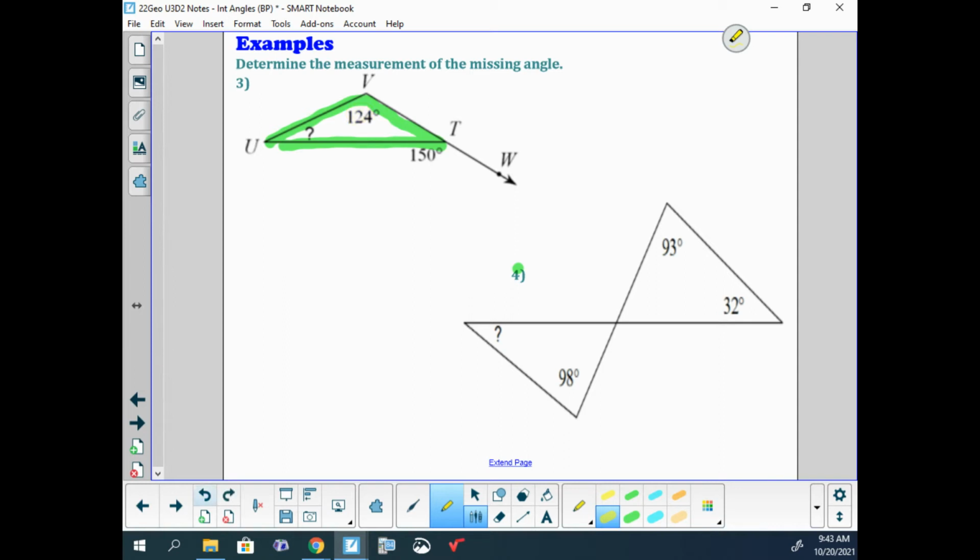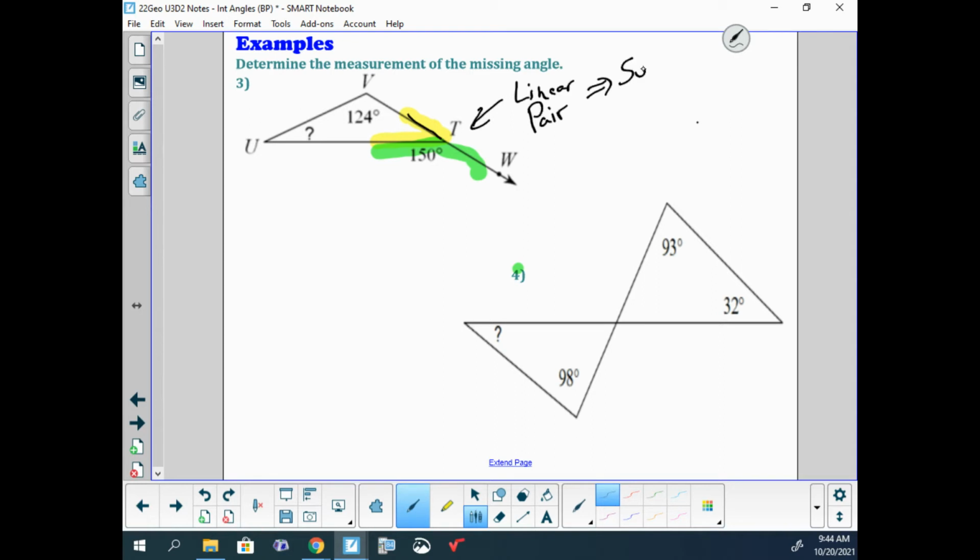And we can overcome it by focusing our attention right here. We've got this angle VTU, I highlighted in yellow, and this angle WTU, highlighted in green. Those make a linear pair. And hopefully you remember that a linear pair is supplementary from our first unit.